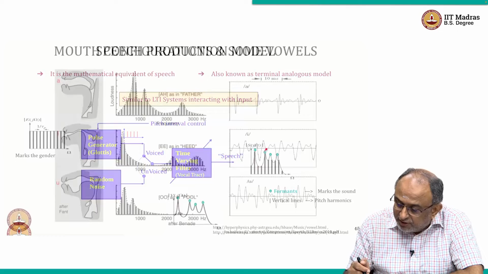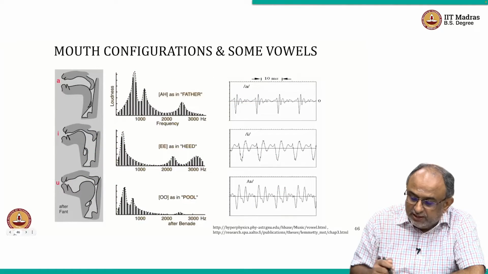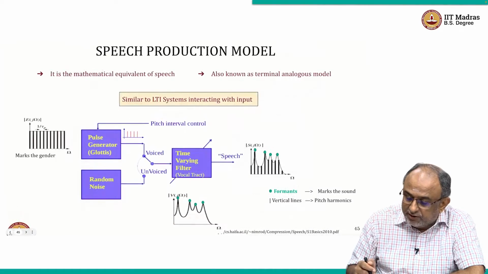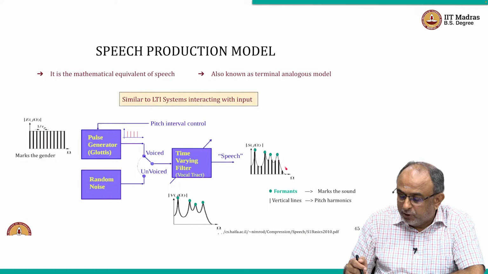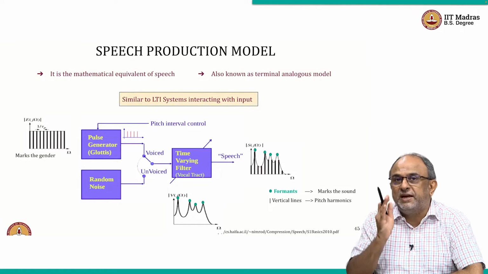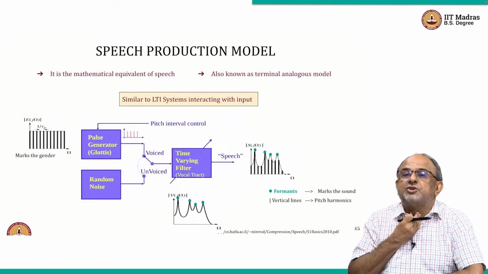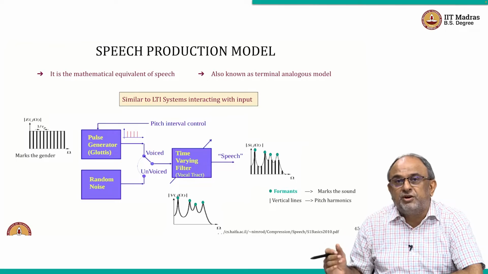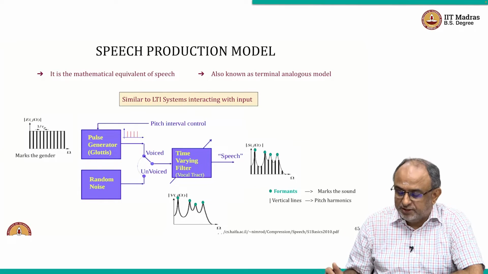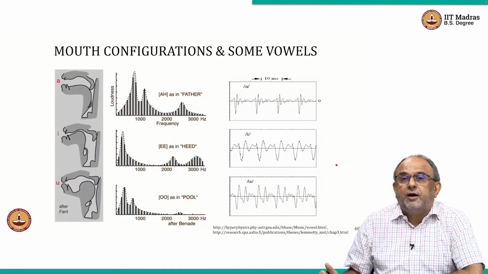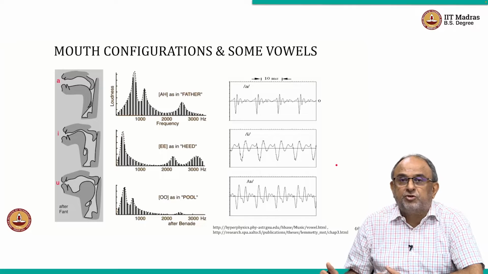So you can see the envelope, which is basically the mouth, and these sharp spikes are what is called the pitch harmonics, which is the opening and closing of the glottis. In the frequency domain, it will be another impulse train, right. So that is the basic idea of how we produce speech, right.